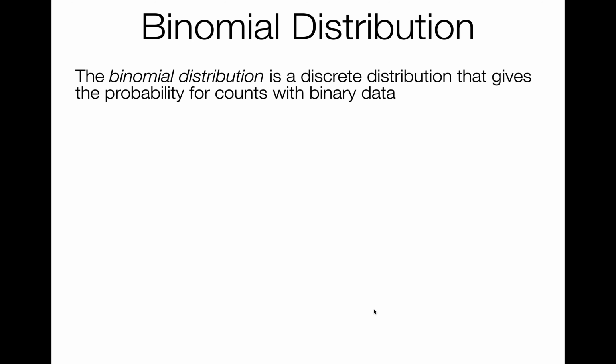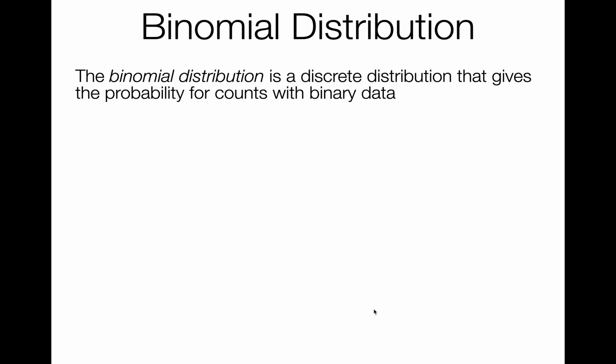So unlike the normal distribution, the binomial distribution is a discrete probability distribution that gives the probabilities for counts with binary data. Okay, so what does that mean, or what implications does that have?